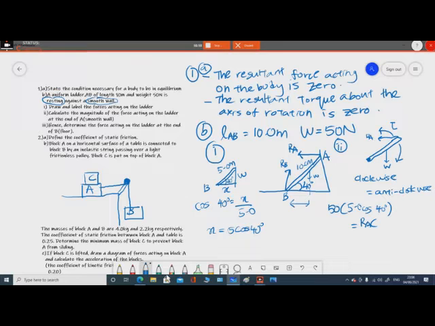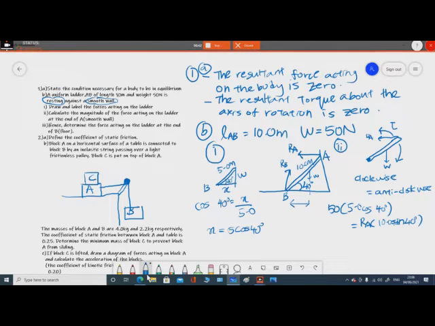And the perpendicular distance from A to the floor is actually, oops, not 5, should be 10. So this is 10 sine 40.